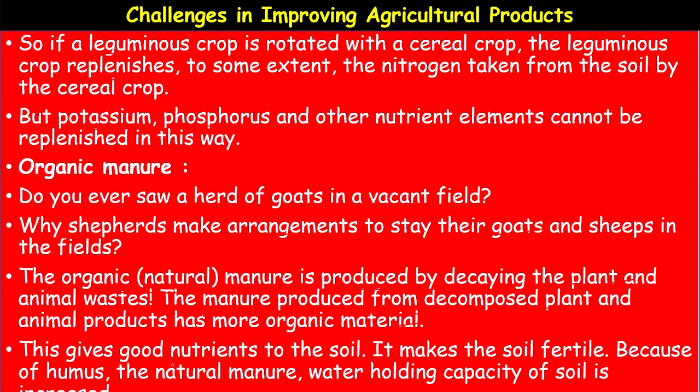This gives good nutrients to the soil and makes it fertile, and because of the humus, the water holding capacity of the soil is increased. This is why the shepherds keep their goats and sheep in the field, on the request of the farmer, by being paid some amount.